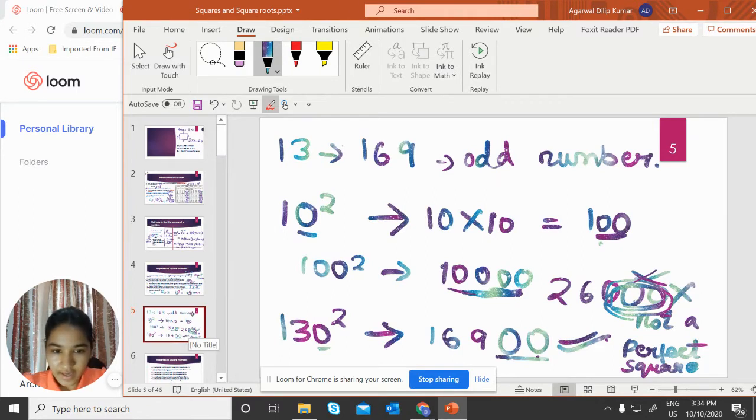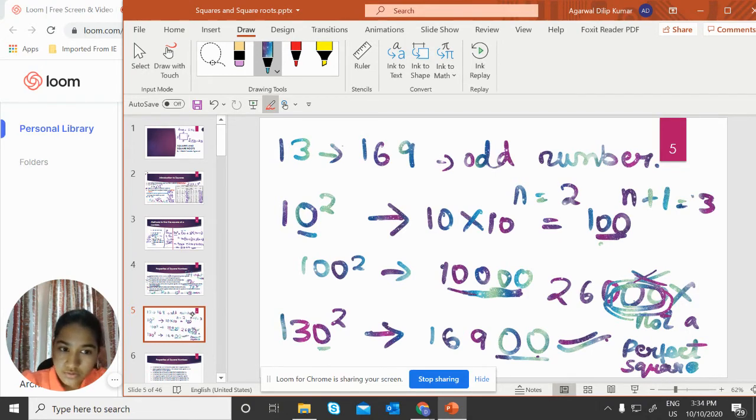If we take n equal to 2, then n plus 1 will be equal to 3. So between the squares of these two numbers, we will find 2n non-perfect squares. 2n in the sense 2 into 2 is equal to 4 numbers you will find between 2 squared and 3 squared.